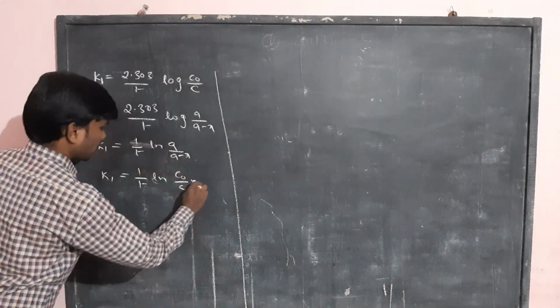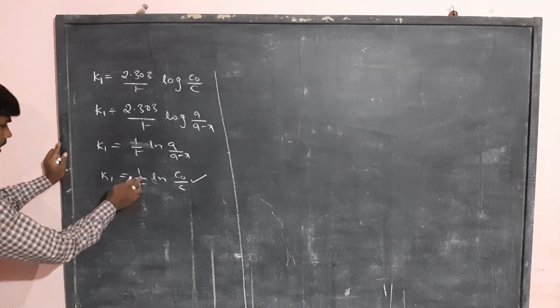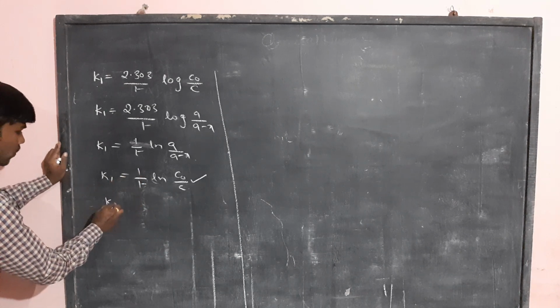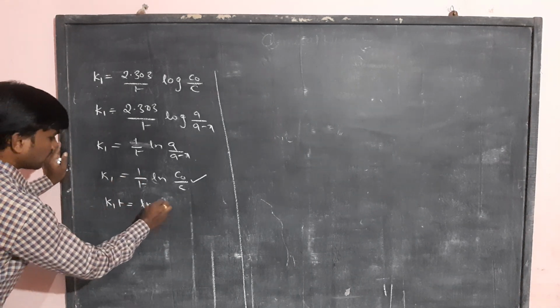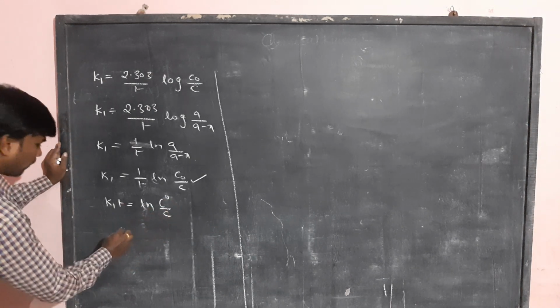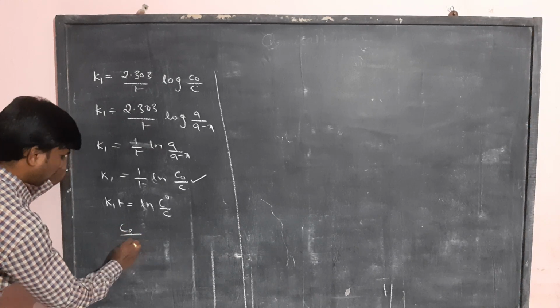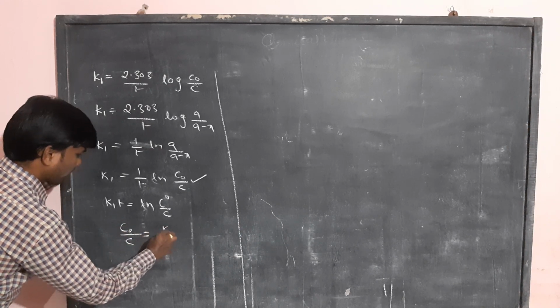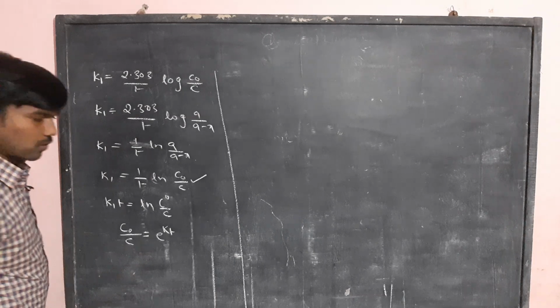So I am taking this last equation. Multiplying by T, since T is dividing, you take it to this side. So K1 into T is equal to ln C naught by C. Here base e will be there. So C naught upon C is equal to e to the power of kt.